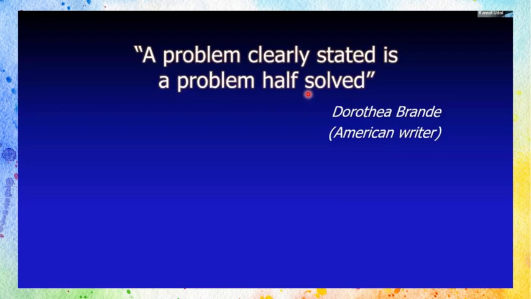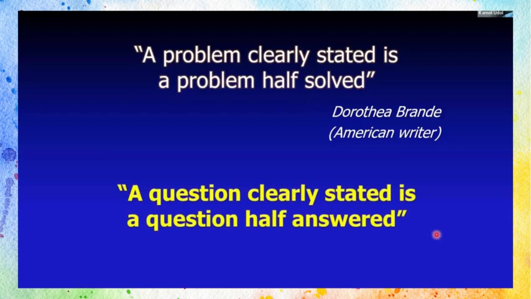You already have half of the answer. By the same token, in the field of research, a research question clearly stated is a question half answered. If you have a clear and specific question, it's equivalent to getting half of your answer.